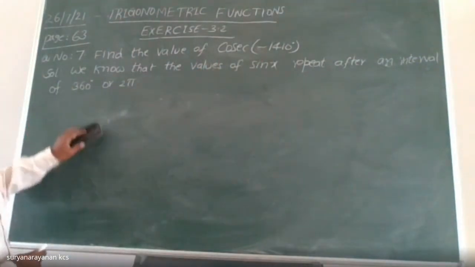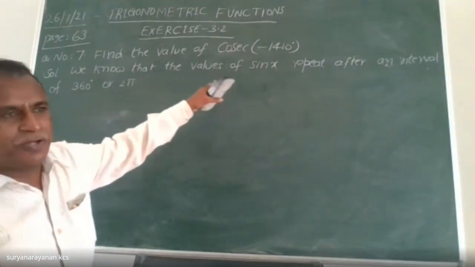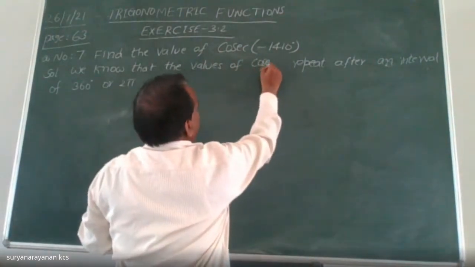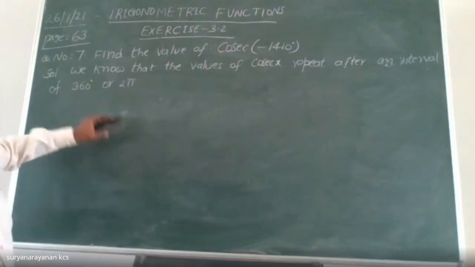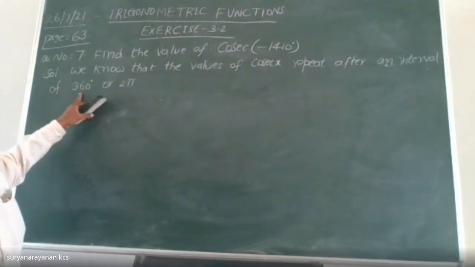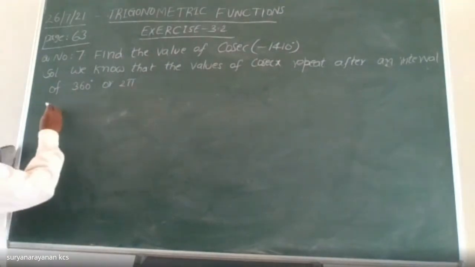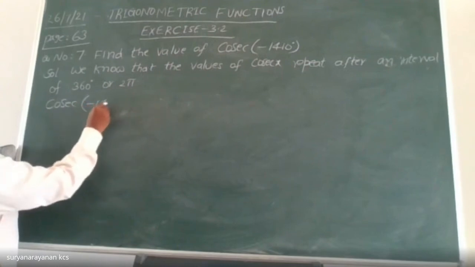Okay, my children. Here also we know that the values of cosecant x repeat after an interval of 360 degrees or 2 pi radians. So let us take the given trigonometric function, cosecant of minus 1410 degrees.